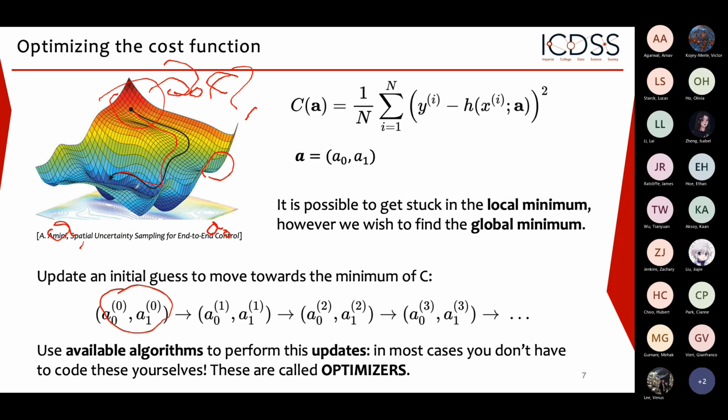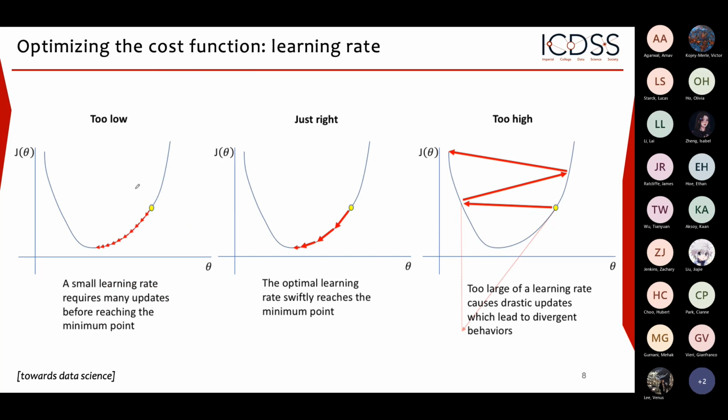Now we go down in steps. How large is the step? Well, that's another thing that we need to be careful of. If the step is very, very short, it's going to take us a long time to come down to the bottom. Okay. If the step is too high, you may overjump your minimum. Okay.